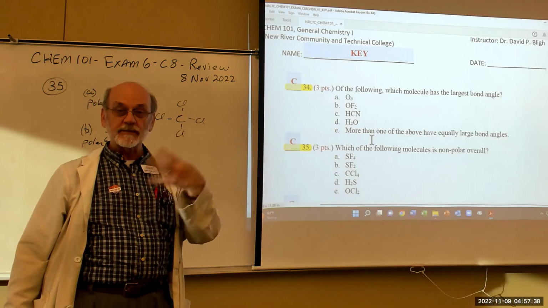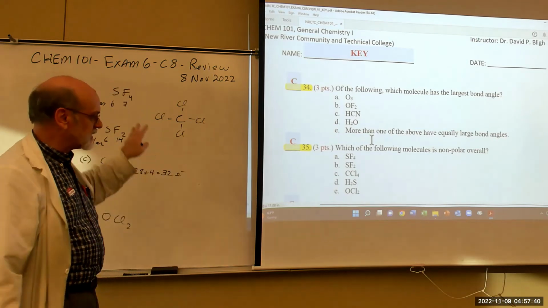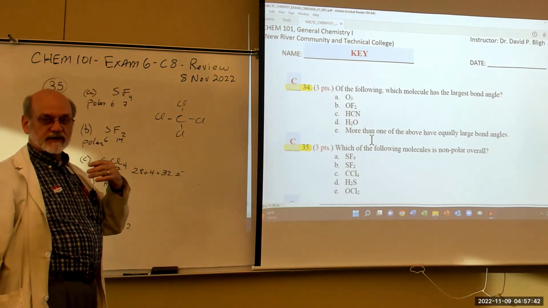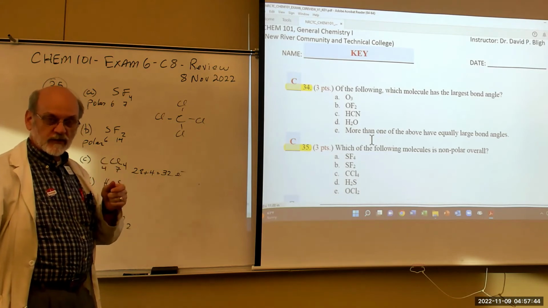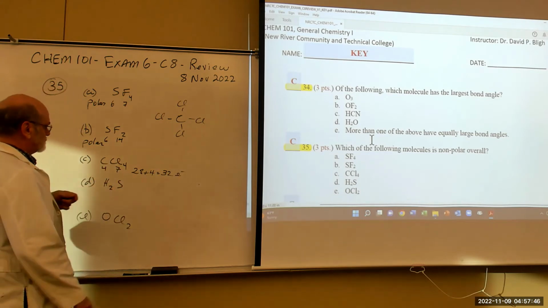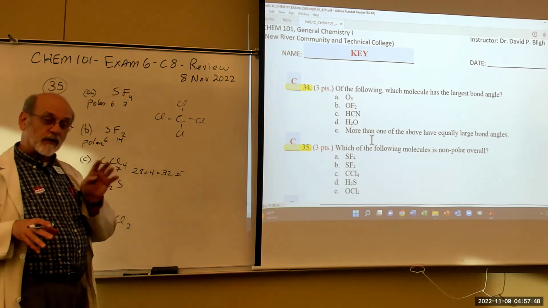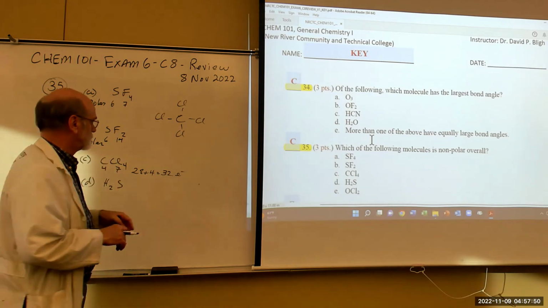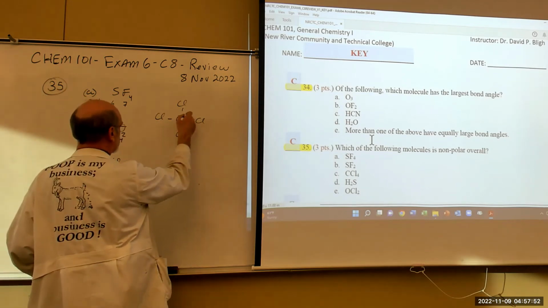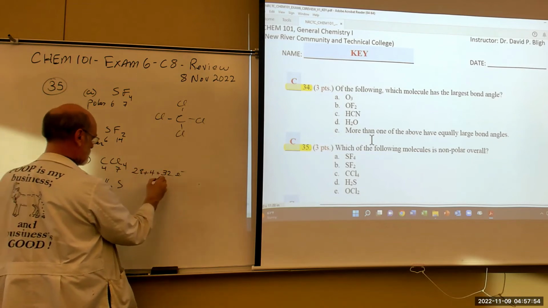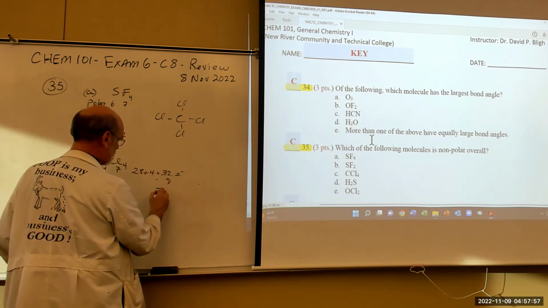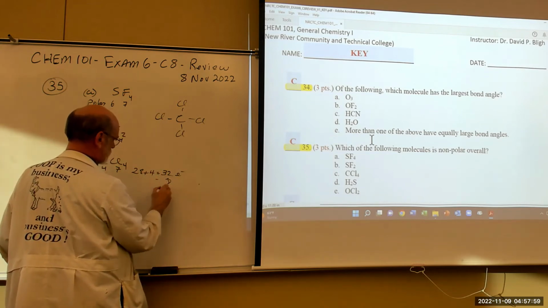Right? We just kind of skipped over that, but all of the bonds in these molecules are polar. There's a significant difference between the electronegativities. So the bonds are polar. Now we're focusing on the geometry. All right, so that's 2, 4, 6, 8. Minus 8 is 24.